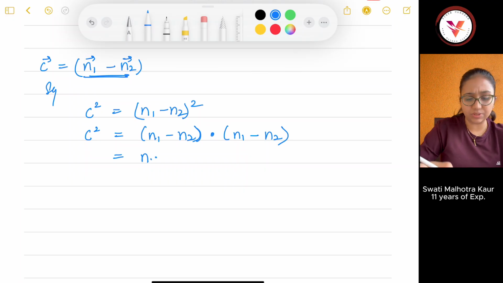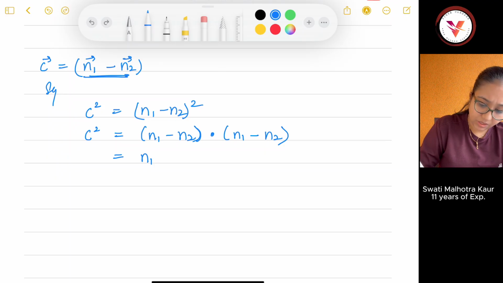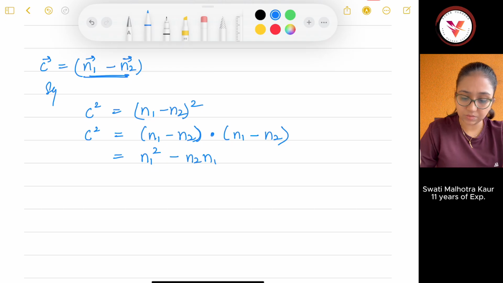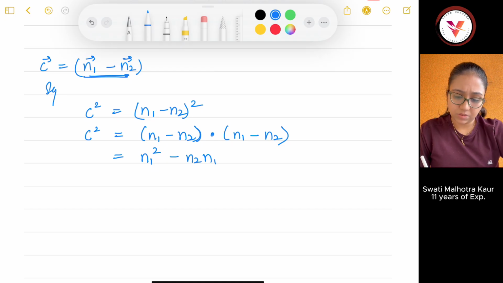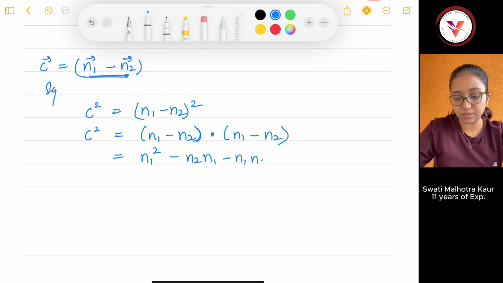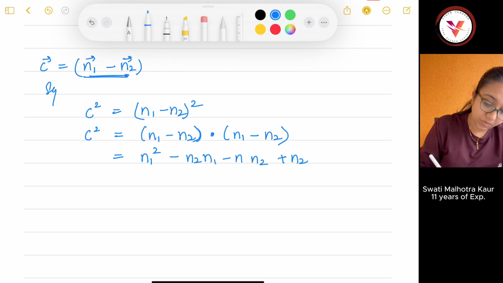Now just take n1 dot n1. n1 dot n1 is n1 square. I'm writing it directly. Again, minus n2 n1, then minus n1 n2, and then plus n2 square. It's simply the multiplication rule.